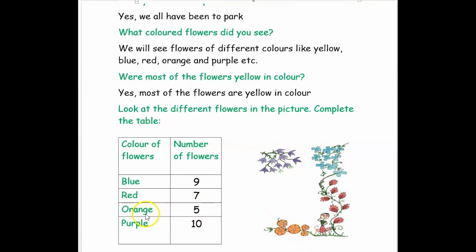Yes, there are 5 orange flowers. In the table, the next color given is purple. Now we are going to count the purple flowers. Here it's 1, 2, 3, 4, 5, 6, 7, 8, 9, 10. So totally there are 10 purple flowers.